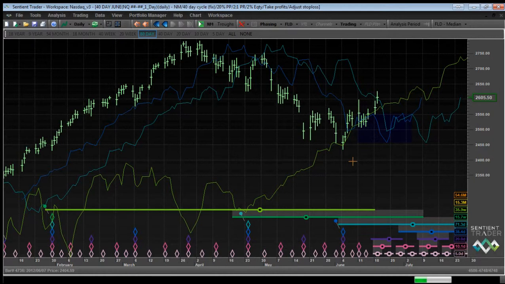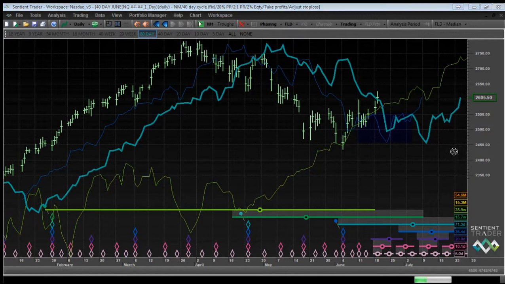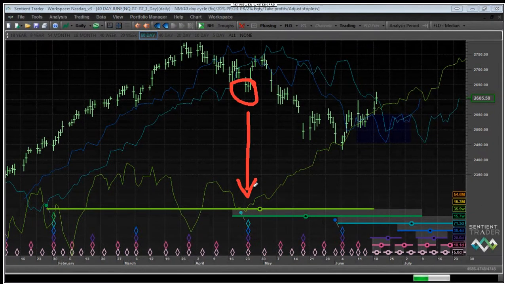Well, what's happening in this particular analysis is that the 80-day cycle is not overdue, because I've forced the analysis into something that is uncomfortable, and we have some dilemmas in what is actually happening. You can see that where I have positioned the 80-day cycle trough, I'm saying it's not a true cross, but let me just finish that sentence. Where I have positioned that 80-day cycle trough is below the 80-day cycle FLD.